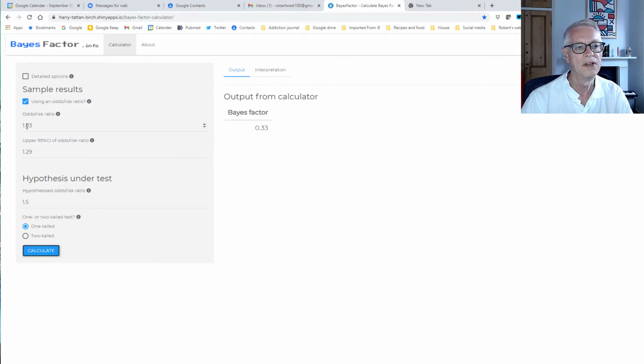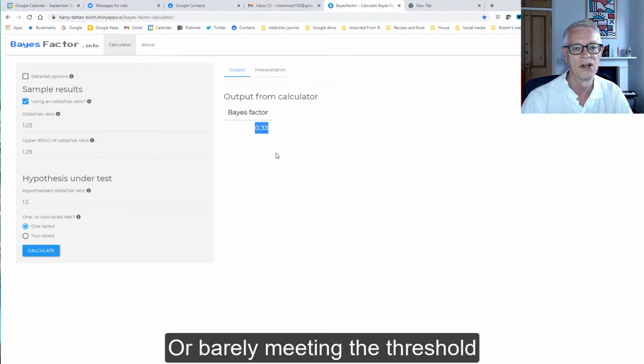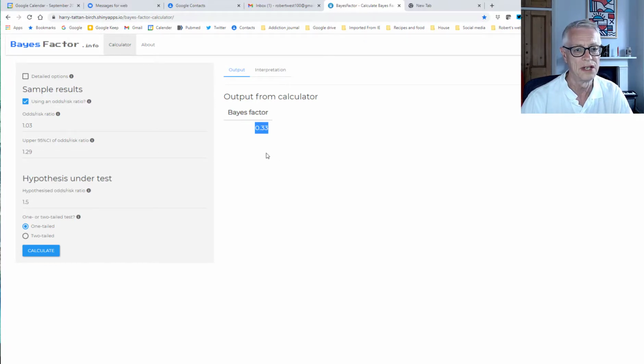Even with that, what would feel like very compelling evidence that there was no effect of this drug versus placebo, with a pretty large sample, you're not really meeting the threshold for concluding that cytosine doesn't have an effect. There's still room for doubt about that.